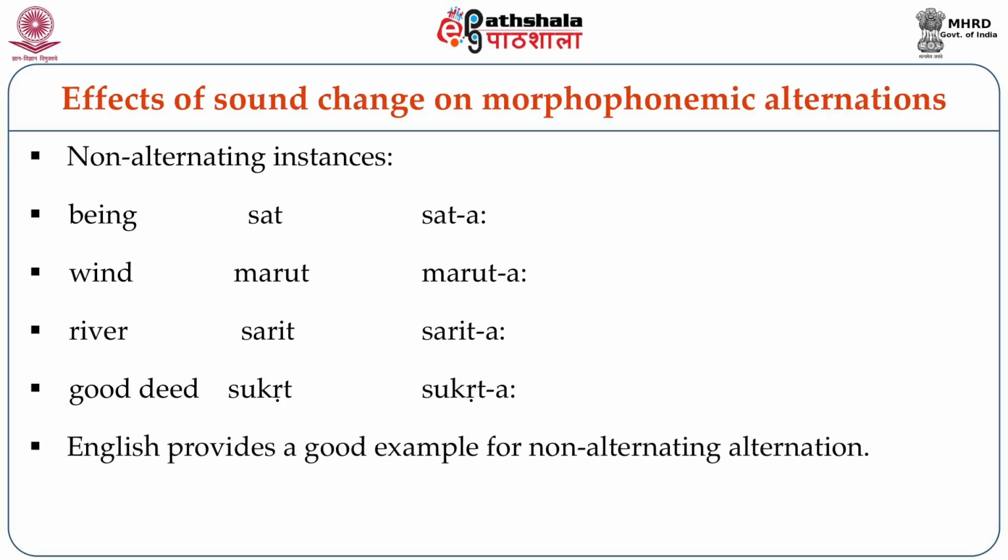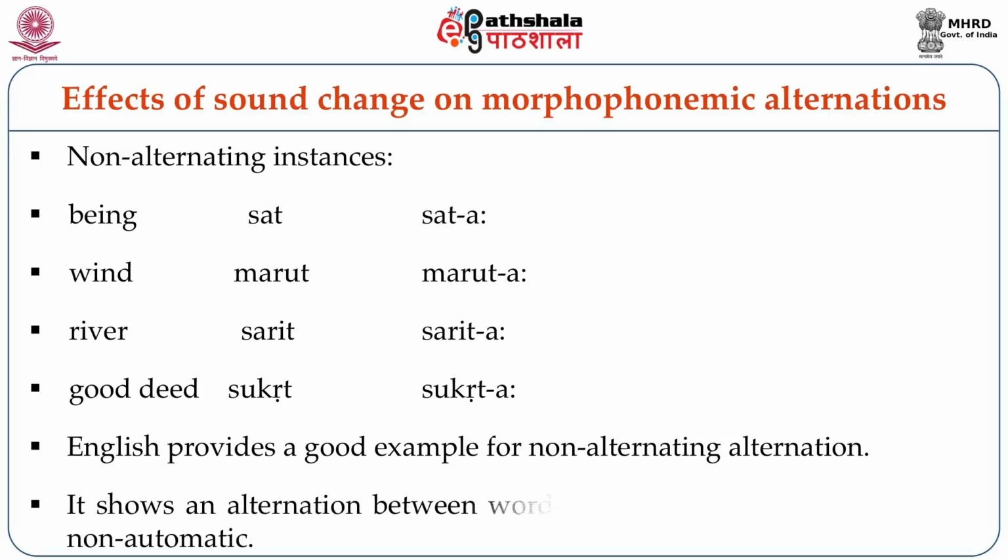Some illustrations can be provided. We can take first of all the English language, where this kind of situation is available. In the first set, wife, wives, leaf, leaves, half, halves, we see an alternation of f/v type, so this is an alternating type.